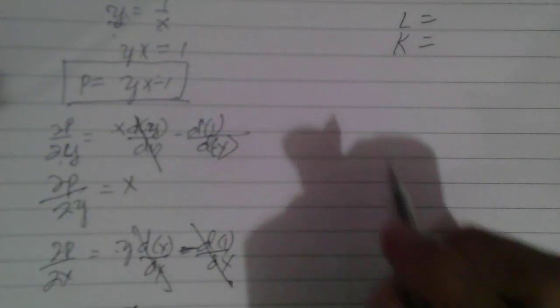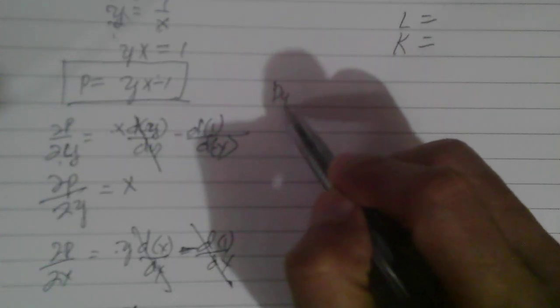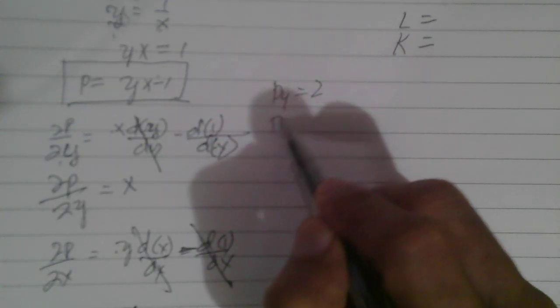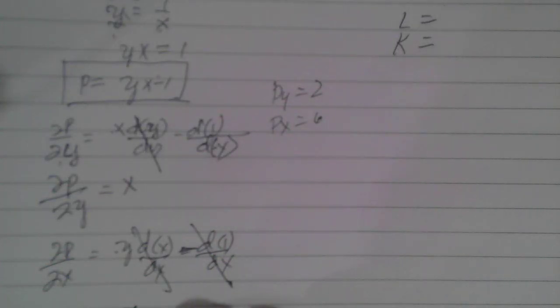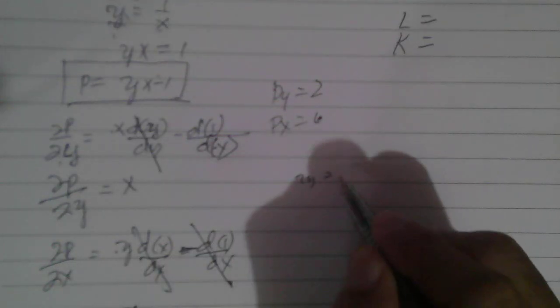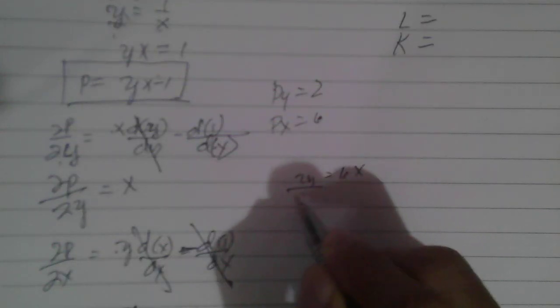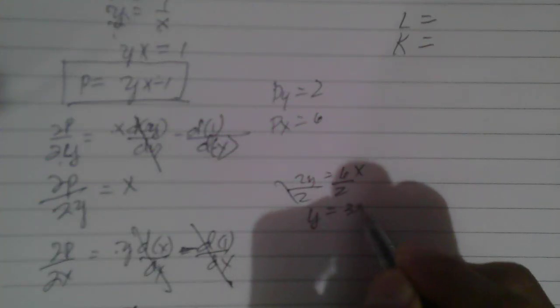The first thing to derive is y, which is given by the prices: let's say y is 2, and x is 6. So multiply: 2y equals 6x, so 6x divided by 2, y is equal to 3x.